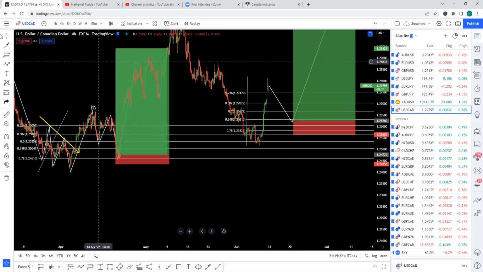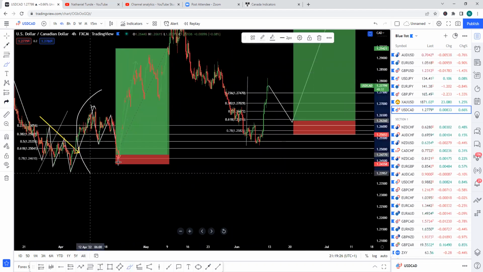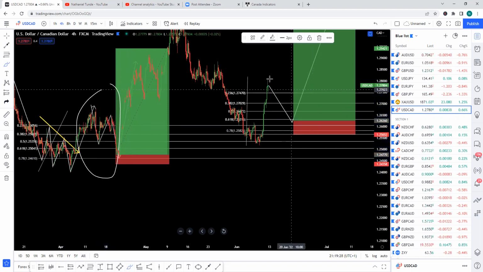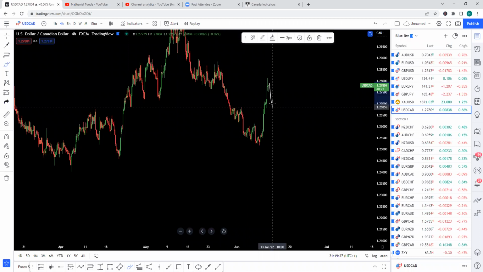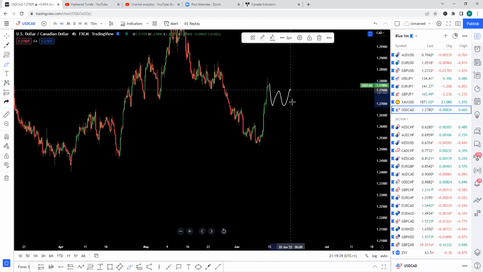Same thing we replicated here. Same thing we did here, guys. We're also expecting it here. But the type of correction that will form here, we don't know. But we are praying that the kind of correction that will form here will be the one that we understand, something like this.